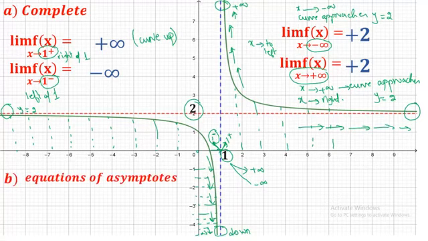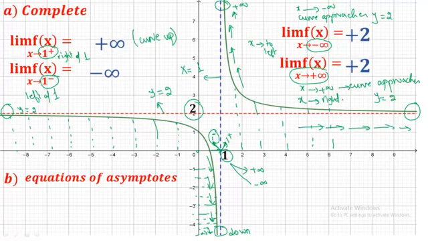If we want the equations of the asymptotes, you can deduce them directly from the graph. This is the vertical asymptote of equation x equals 1, and this is the horizontal asymptote of equation y equals 2. Or you can deduce them from the limits.